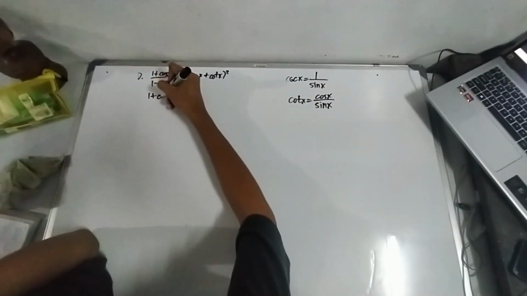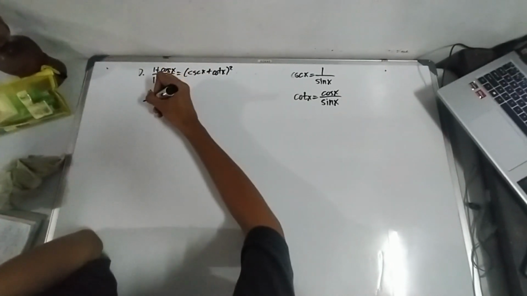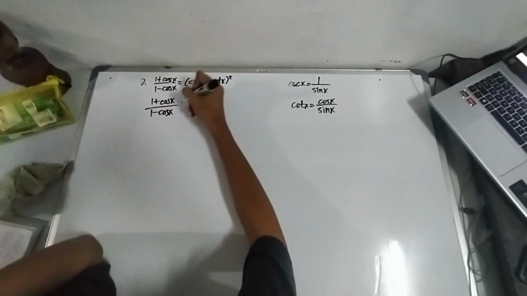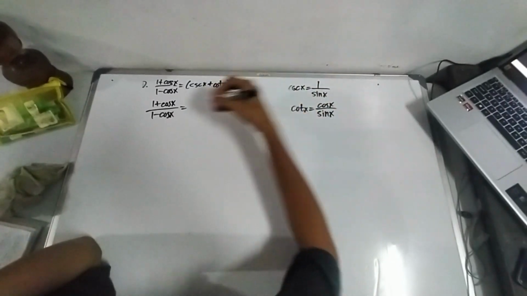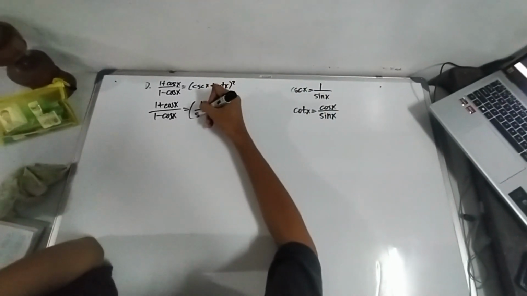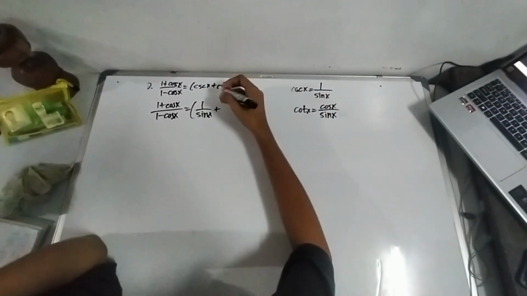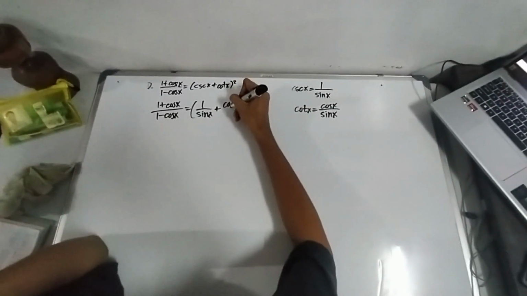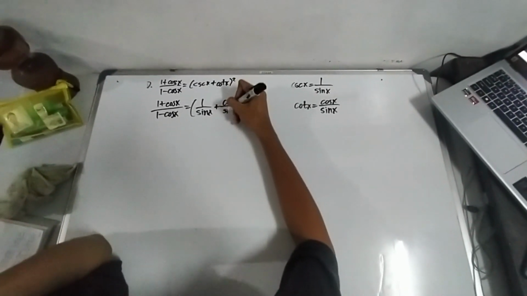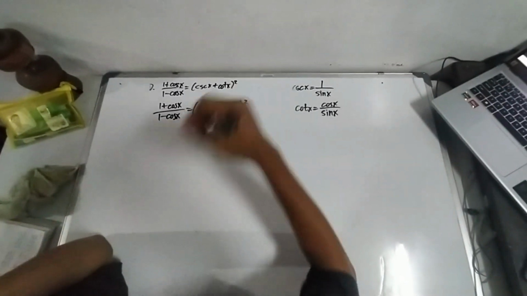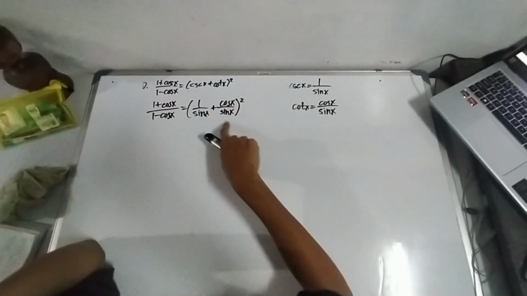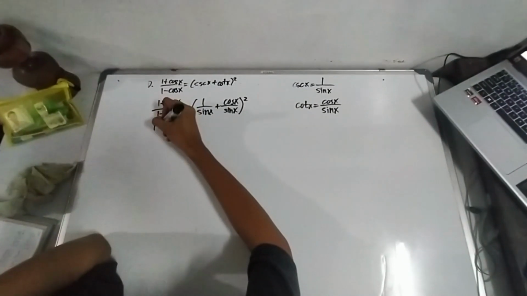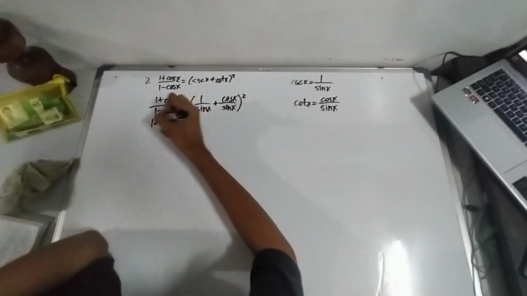So this becomes (1 over sine x plus cot x, which is cos x over sine x) squared. After that, let's combine this since it has the same denominator.